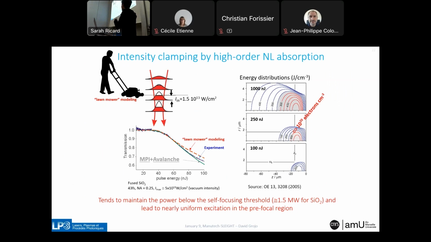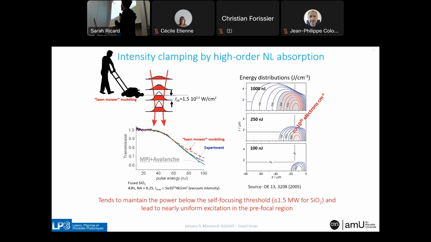And if I set this number at 10 to the 13 watt per square centimeter, I can relatively well describe at least the initiation of nonlinear absorption. But you understand from this experiment that it will be impossible to deliver more than 10 to the 13 watt per square centimeter. After the focus, there is no cut anymore because the light is diverging.